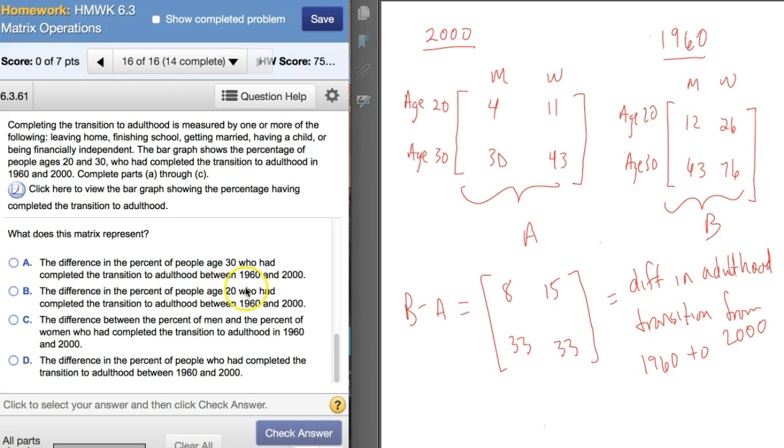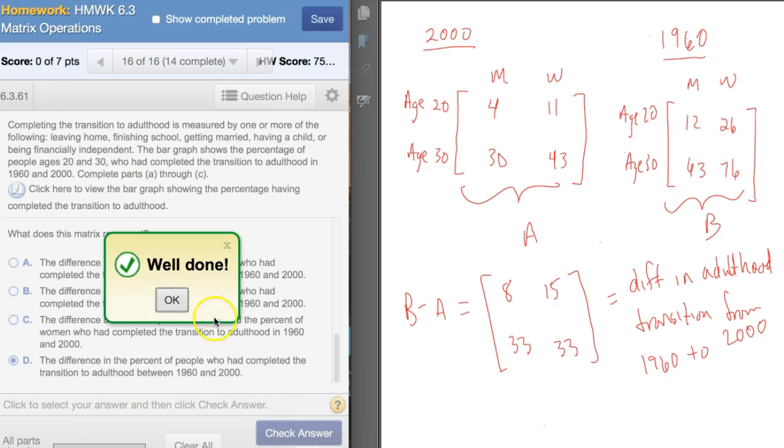Nope. And this is the difference of people who had age 20. And for C, we need to have the difference between the percentage of men and the percentage of women who had completed their transition to adulthood in 1960 and 2000, and then the difference between the percentage of people who had completed the transition to adulthood between here. So of course this is percentages, so I think D would be the answer there.